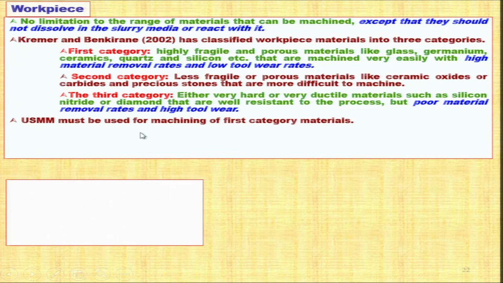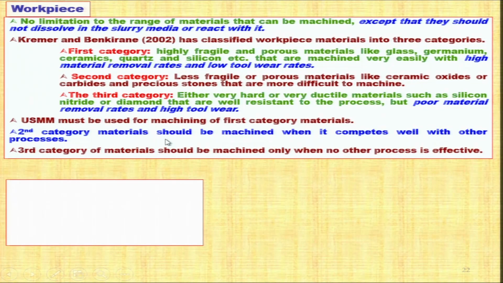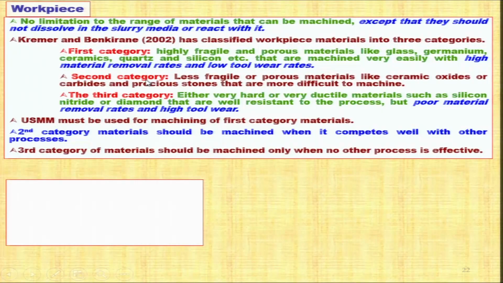Ultrasonic micromachining must be used for machining of first category materials. Second category materials should be machined when it competes well with other processes. In the second category, if you don't have other processes to machine efficiently and economically, then only you should go for ultrasonic micromachining, otherwise use that particular process.